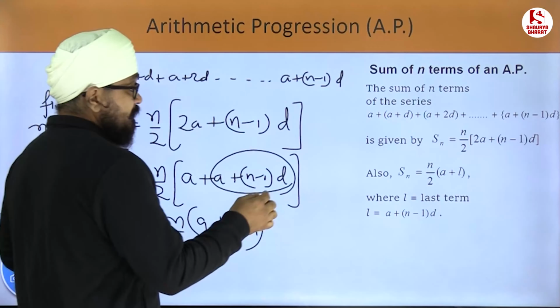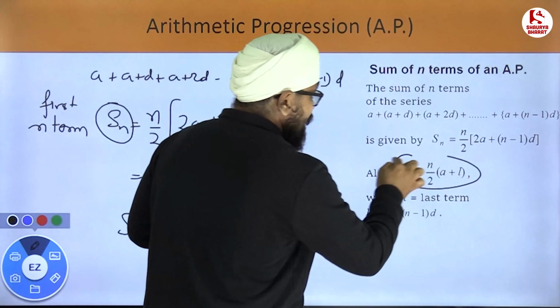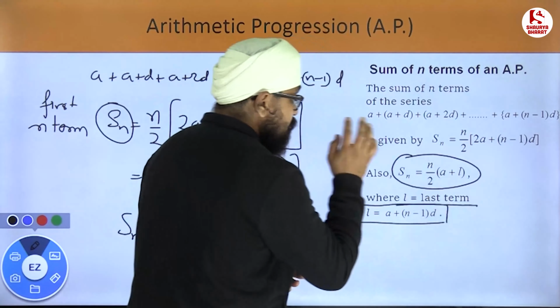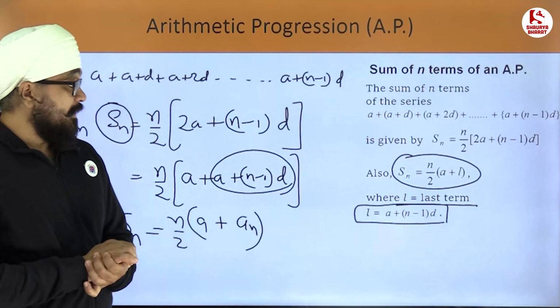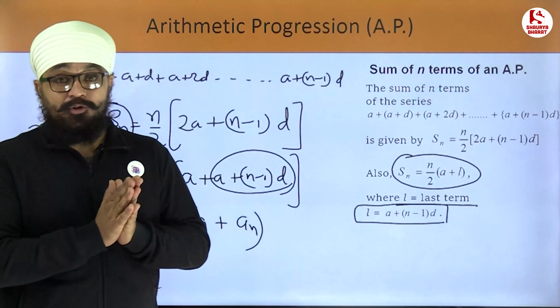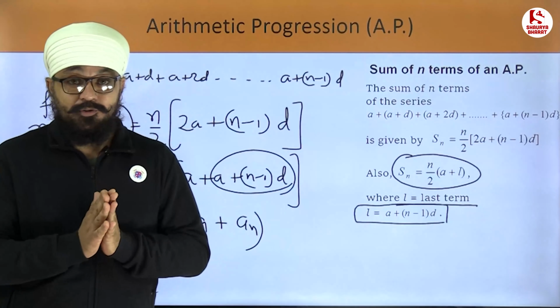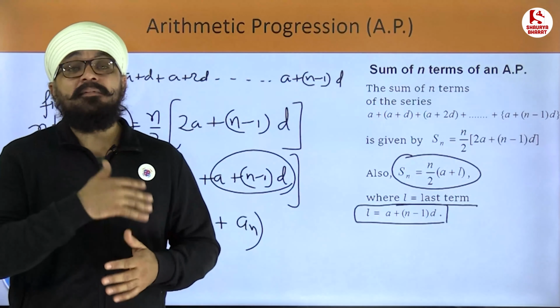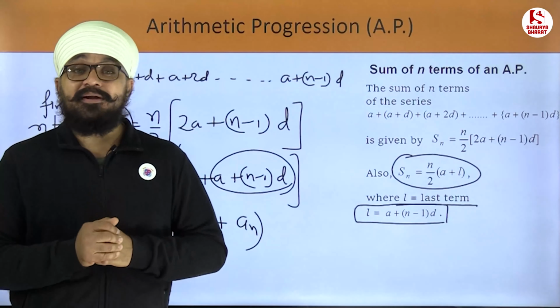In some publications you may see the last term written as L. L is the last term, which has the formula a plus (n minus 1)d. So keep in mind that whenever the first number and last number are given to you, you add the first and the last, divide by 2 and multiply by the number of terms. So you will get their sum.